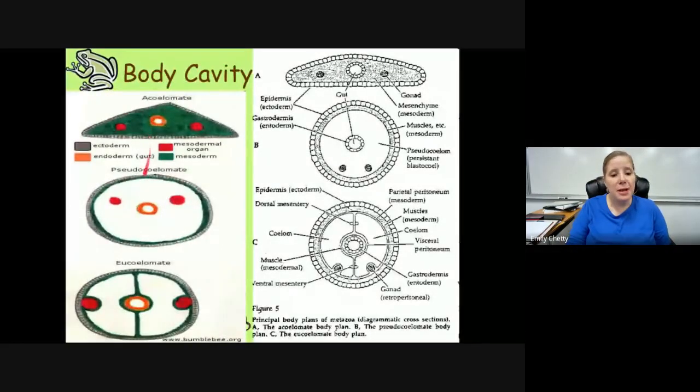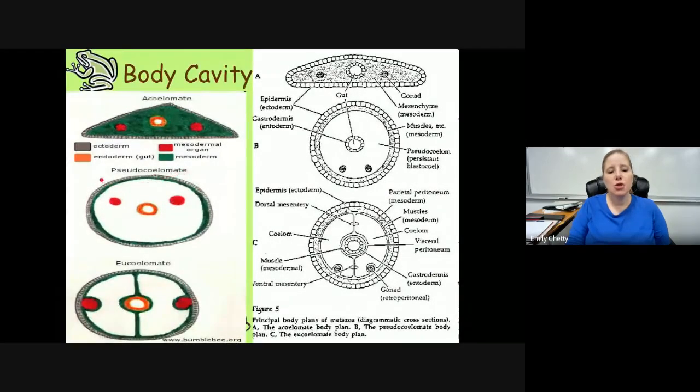The next one is pseudocoelomate. Pseudo means false. So this is a false body cavity. You still have your ectoderm, the gray, your endoderm, the orange, and the mesoderm, the green. However, you don't have the green lining the endoderm and lining the mesodermal organs.